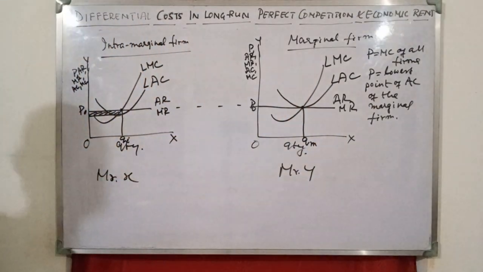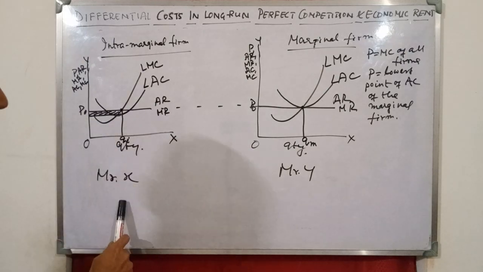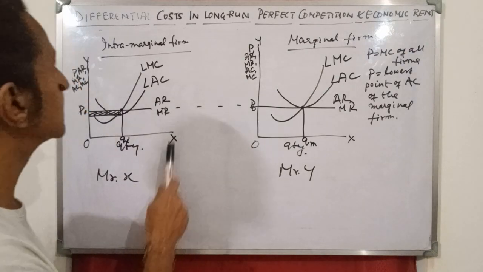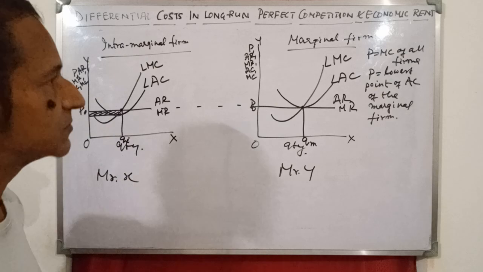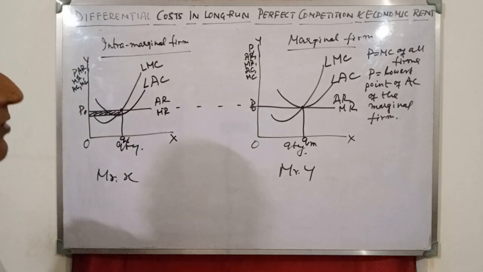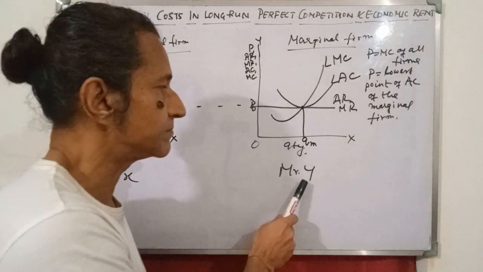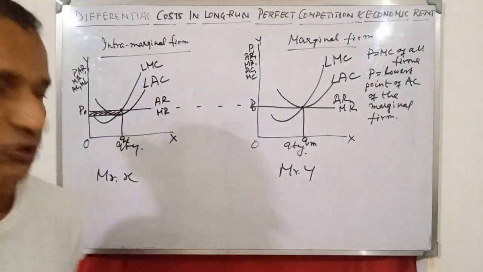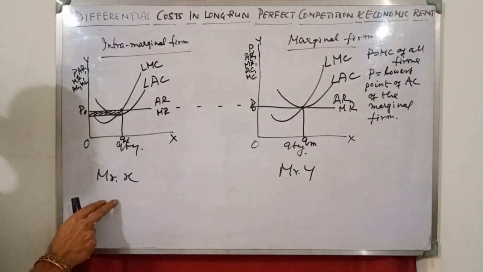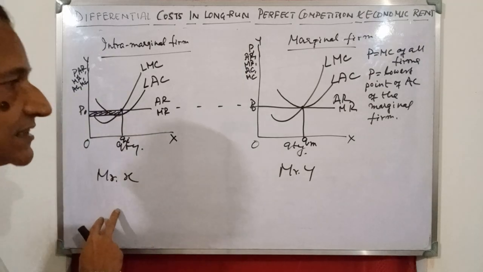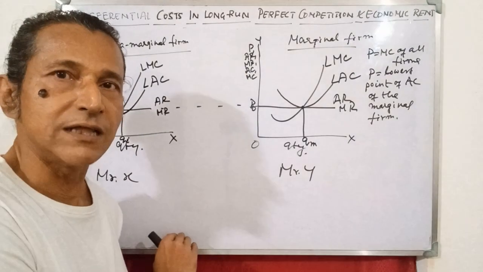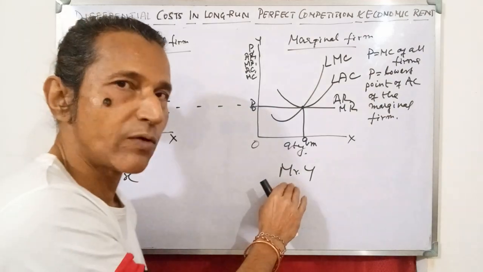This means to say, Mr. X is running the business in such a way that this intramarginal firm's total cost is 20,000 lower than the cost of the marginal firm, which is run by Mr. Y. So, Mr. X deserves a salary 20,000 more than what Mr. Y is getting.